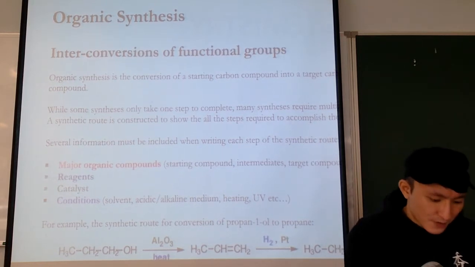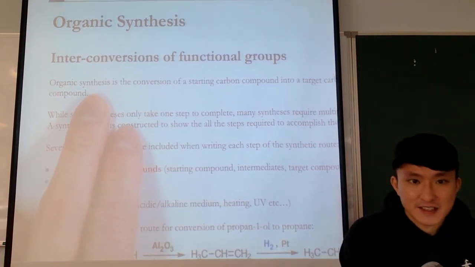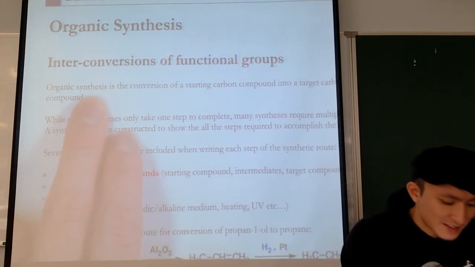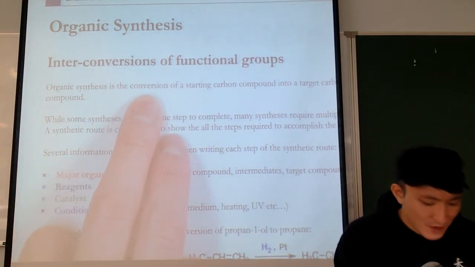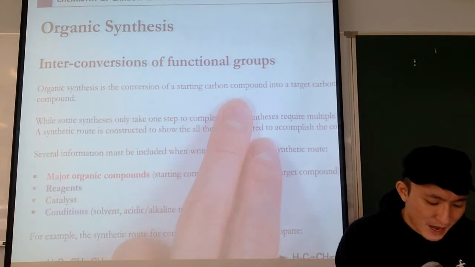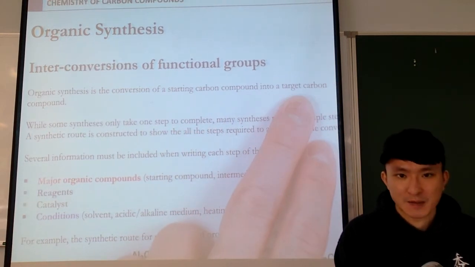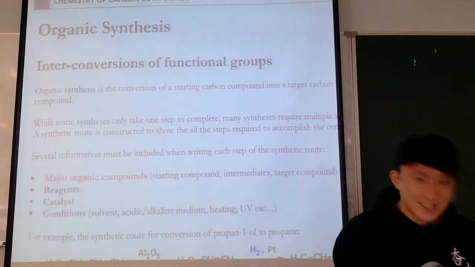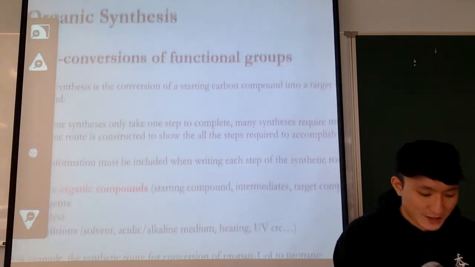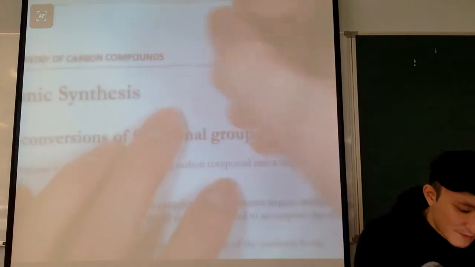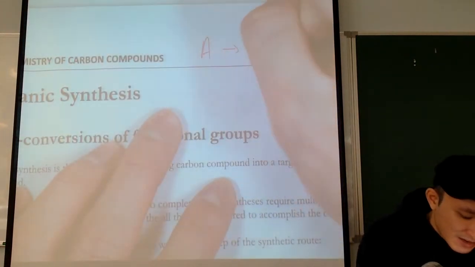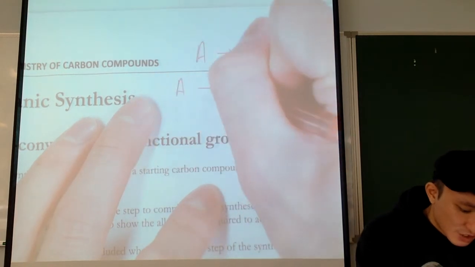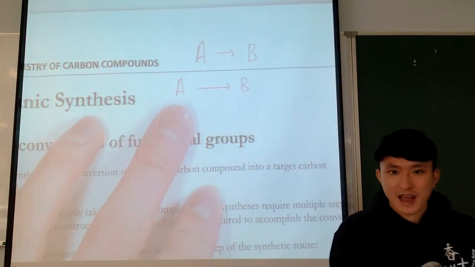Now, first of all, synthesis basically means production. So organic synthesis is the conversion of a starting carbon compound into a target carbon compound. Like I said, A to B, right? For example, it could be a one-step reaction, just A becomes B, and it's done.